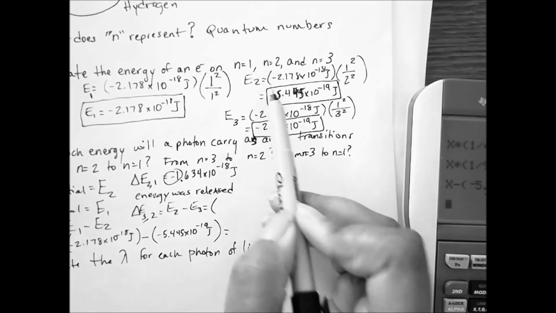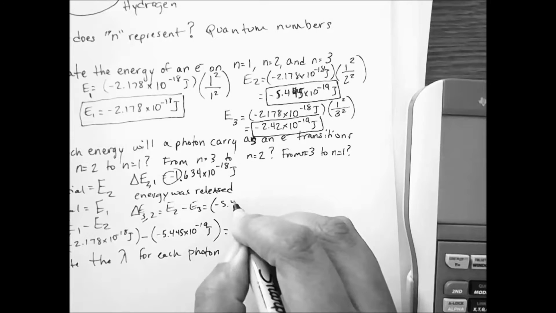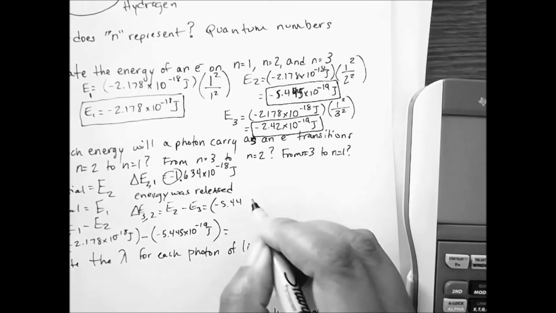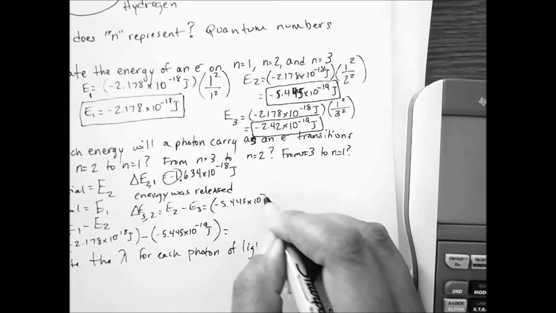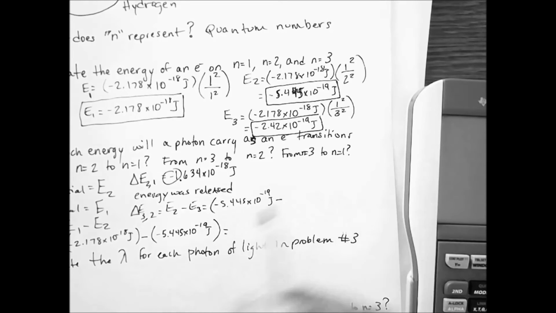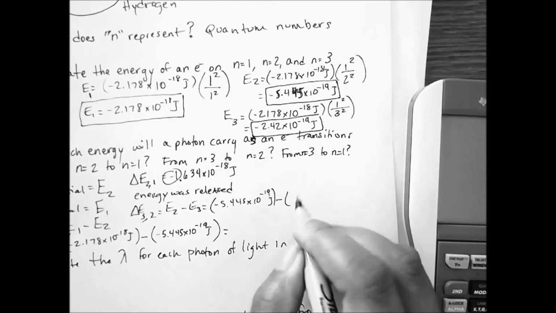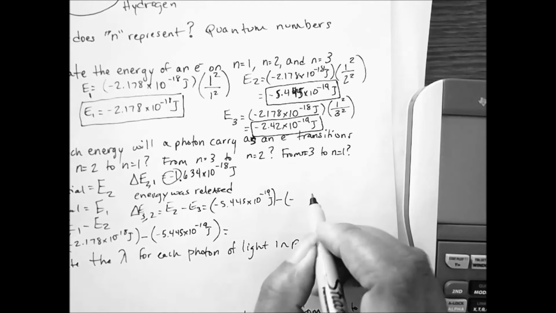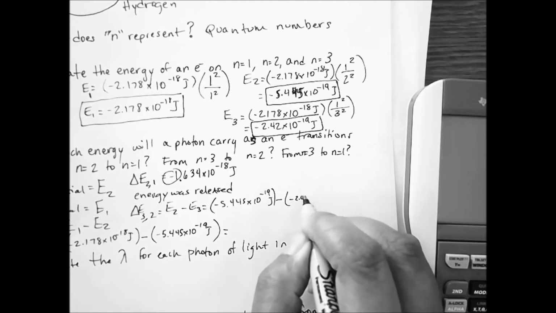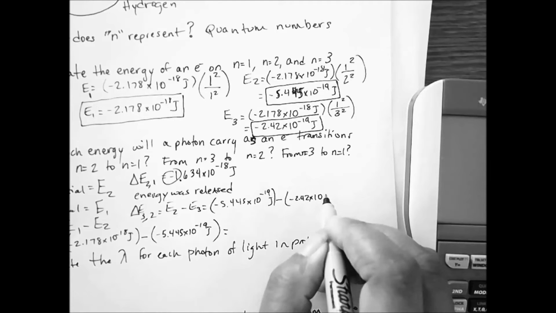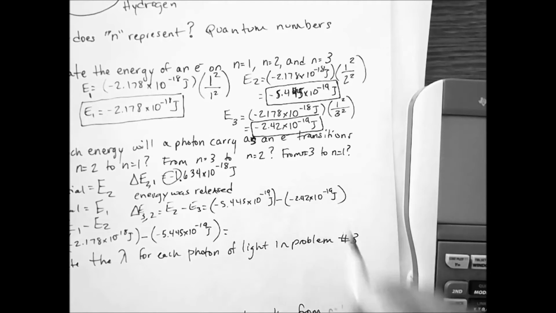Our E2 was negative 5.445 times 10 to the minus 19th joules, minus E3, which our E3 was negative 2.42 times 10 to the negative 19th power joules.